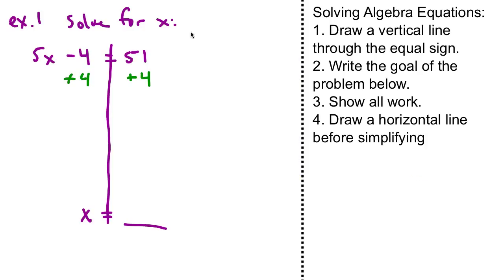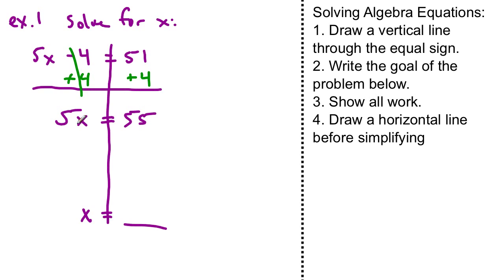So at this step, draw in a horizontal line. Now notice that minus 4 and plus 4 cancels out. So on this left-hand side, we're left with 5x. And on the right now, we have 51 plus 4 is 55.